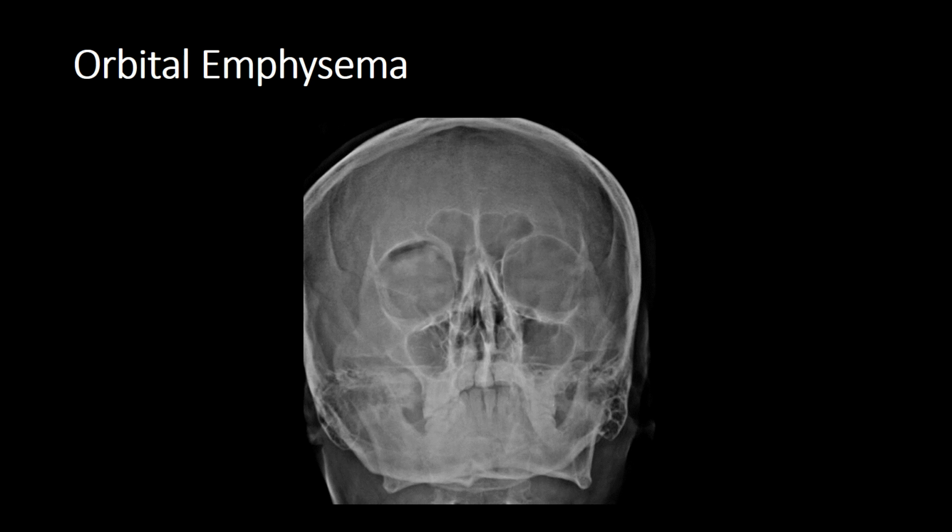Can you see any displacement to the medial borders of the orbits? No, no, no. Do you have a soft tissue opacification just inferior to the infraorbital margin, consistent with the teardrop sign? No. So line 2 is normal.